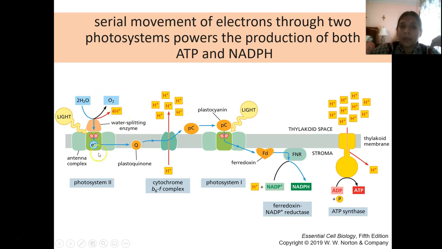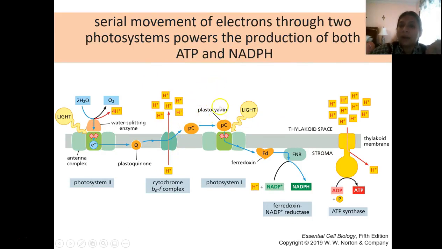And this is going to allow those special chlorophylls to release that electron onto a plastoquinone that can then go into a cytochrome B6 complex to shuttle those protons into the thylakoid space.